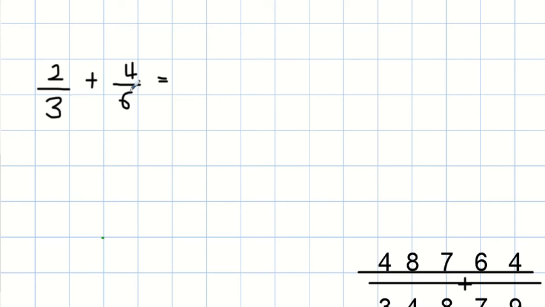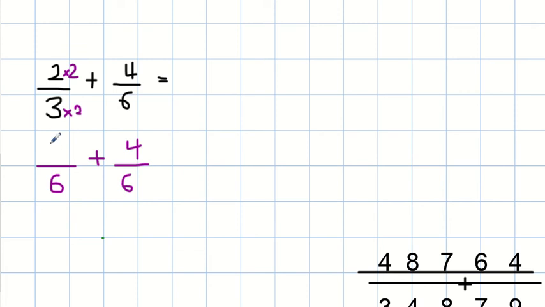Now I'm looking at the 3 and the 6. I know 3 multiplied by 2 will equal 6. So therefore, I'd have the same denominator on each fraction. Okay, and then whatever I do to the denominator, I have to do to the numerator, or the top number.